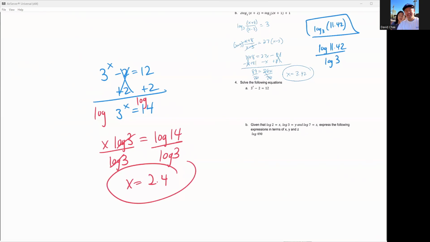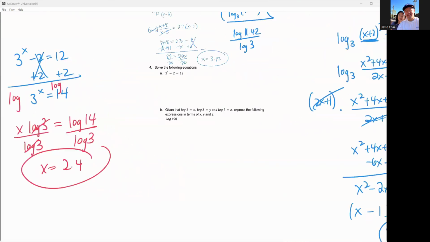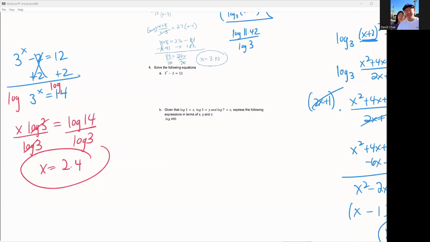All right. Letter B is log 490. So this one is probably where you have to use these properties. It'll be log of 7 times 7 times 10, right? You guys get that?